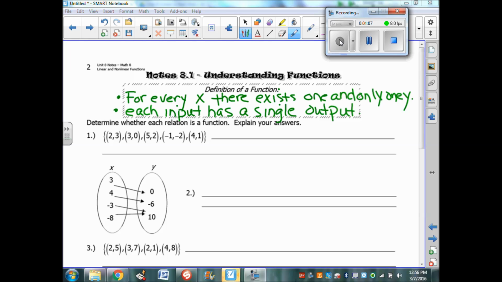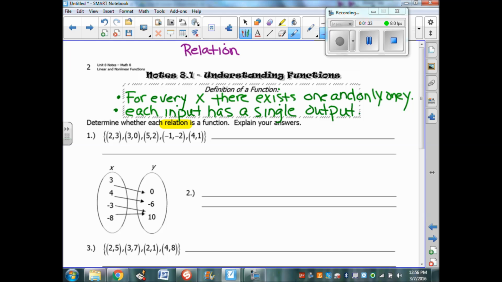So it says determine whether each relation is a function. A relation is just, in this case, a group of points. So now let's see, is it specifically a function? The relation is like the umbrella, okay?